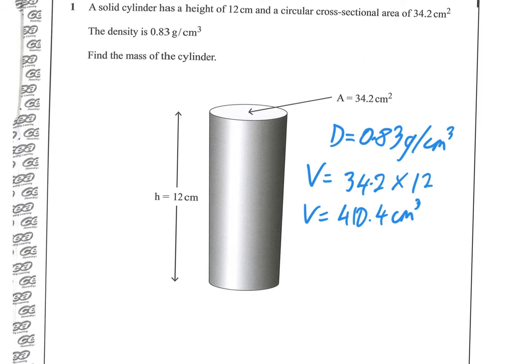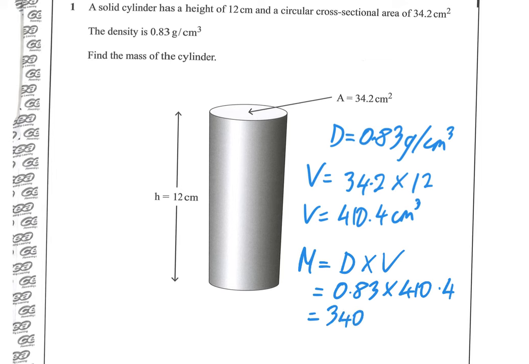Mass is equal to density times volume. So our mass is our density, 0.83, times our volume, 410.4, and that gives me 340.632, in grams.